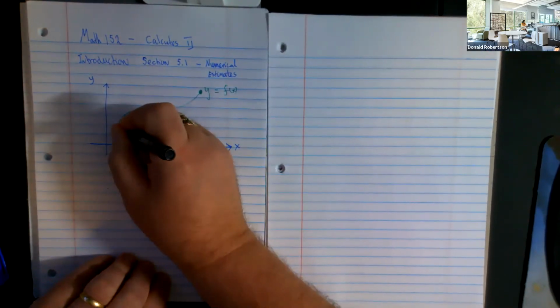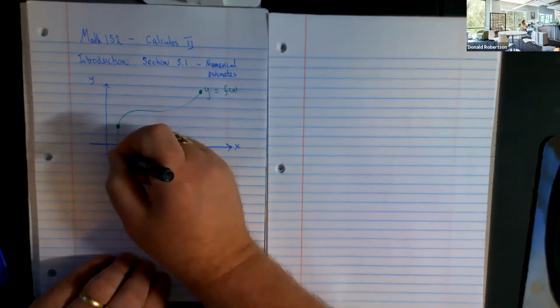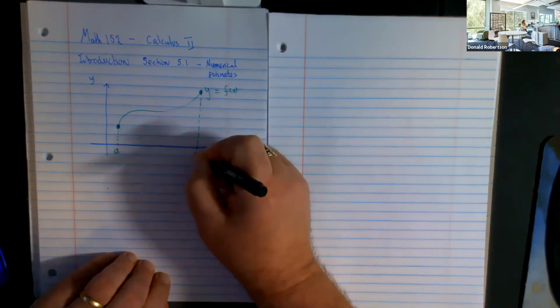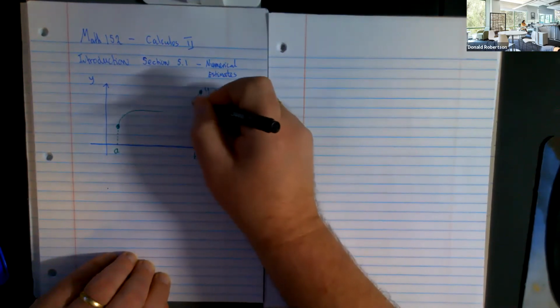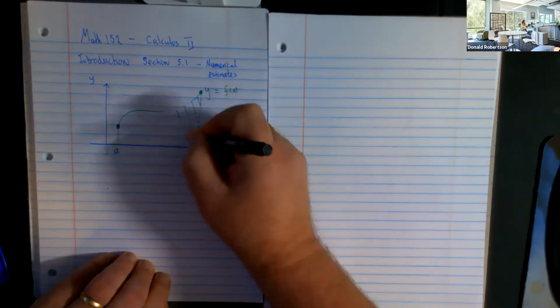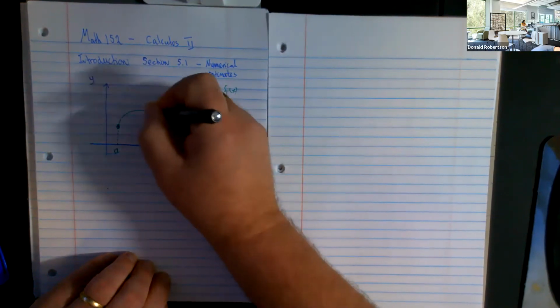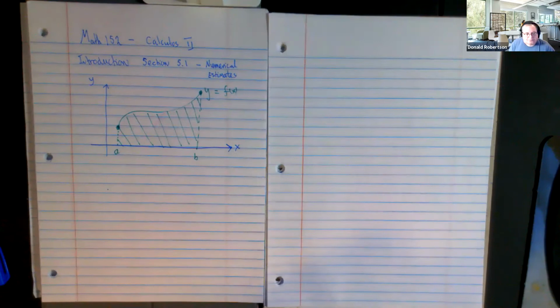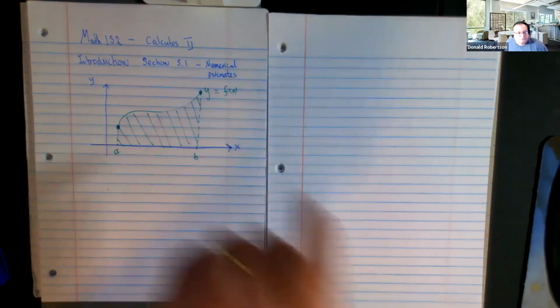And it starts at this guy called A, and it finishes at this value of x called B. And the area that we're wanting to find is called the area under the curve. It's essentially that area. And eventually, that is going to generate antiderivatives, integrals.